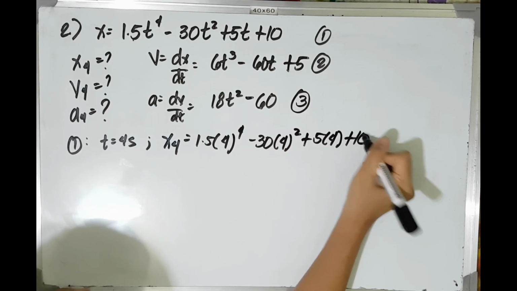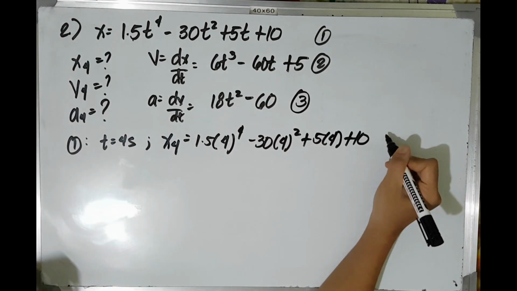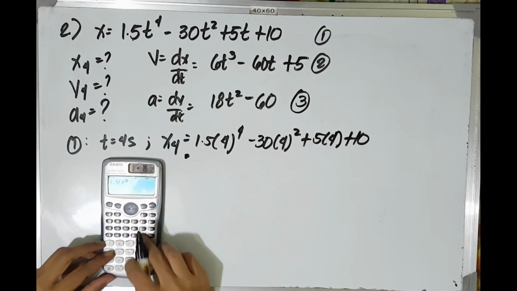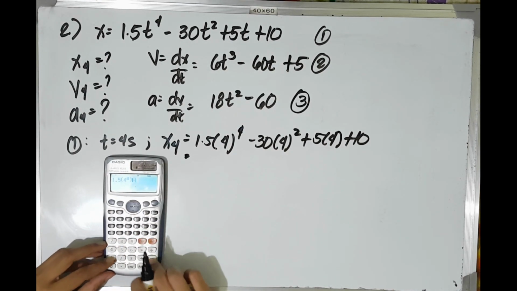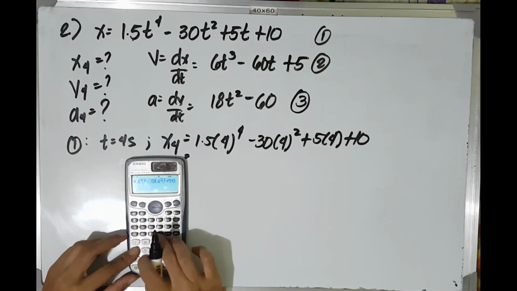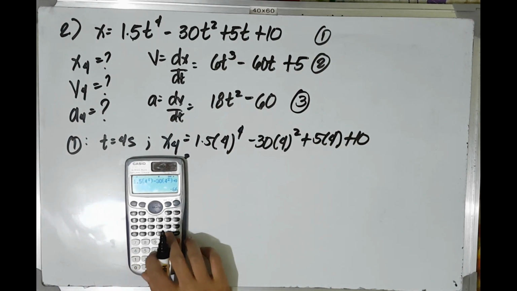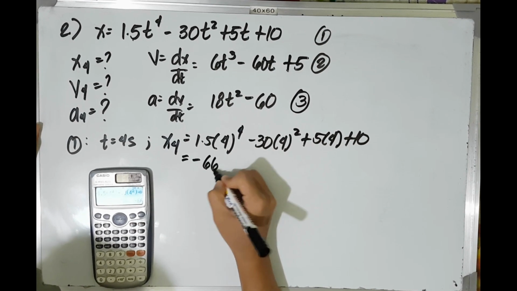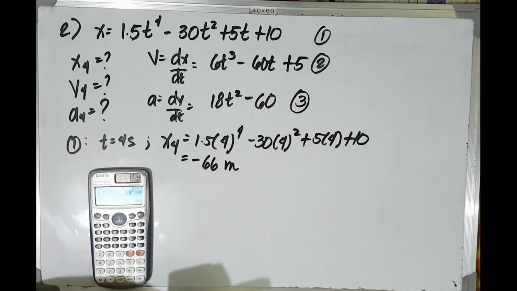So the position at time t equal to 4 seconds would be equal to 66 meters, or 66 going to the negative direction.